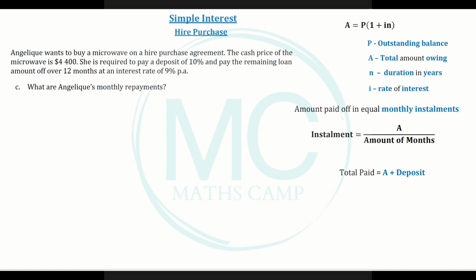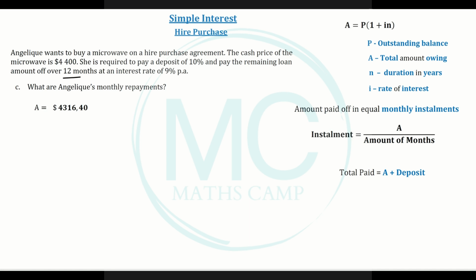What are Angelica's monthly repayments? Remember, to find the monthly installment, we take A and we divide it by the amount of months. We have just found that A is $4,316.40. The question tells us that Angelica aims to pay off the loan over 12 months.